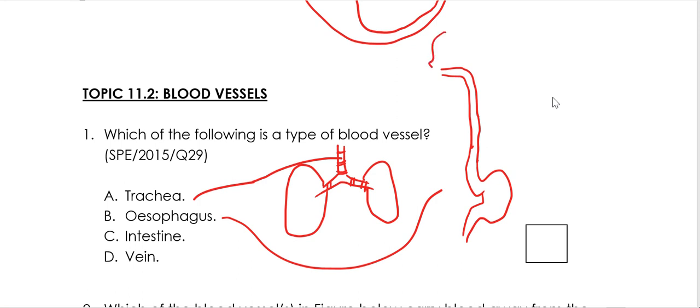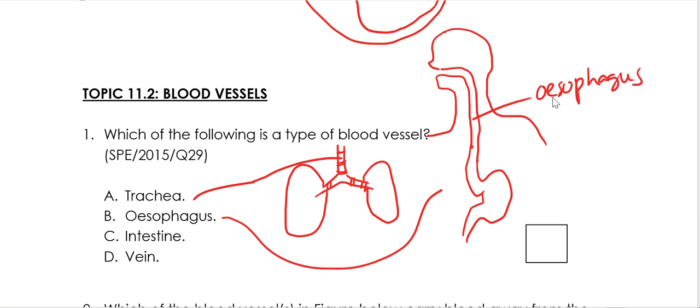So this is your face, and your mouth is right there. Okay. Yep, this right here is your esophagus, and another name for it is gullet. So it's part of the digestive system, not the blood system.